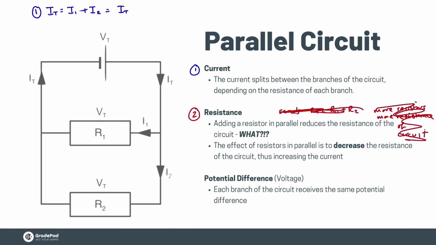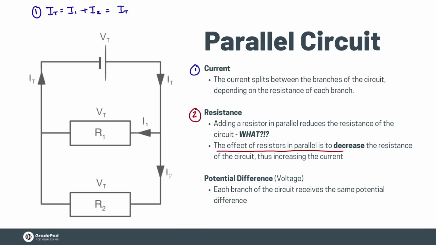The weird thing is, the effect of resistors in parallel is to decrease the resistance of the circuit. And that has the effect of increasing the current. So it's the exact opposite of what happens in a series circuit.